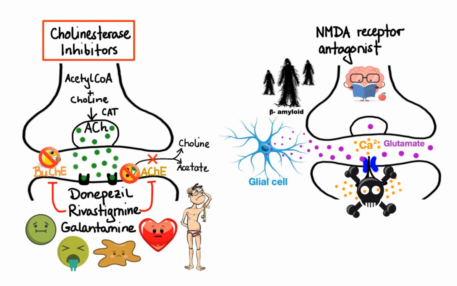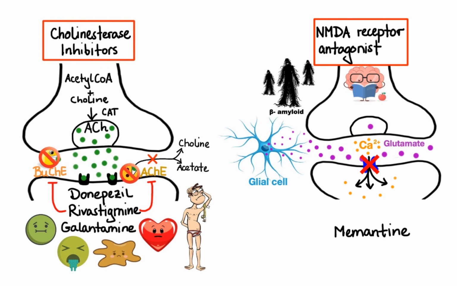To address this potential problem, scientists developed NMDA receptor antagonist called Memantine, which works by blocking NMDA receptors and thus limiting calcium influx into the neuron. Common side effects associated with Memantine include diarrhea, headache, and insomnia.